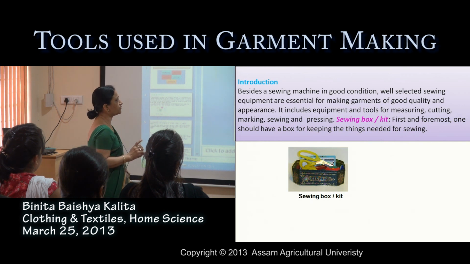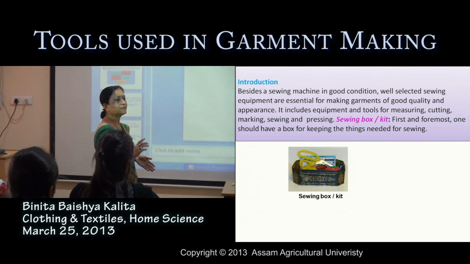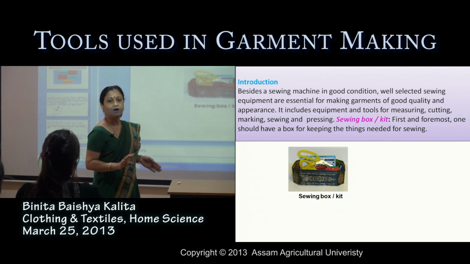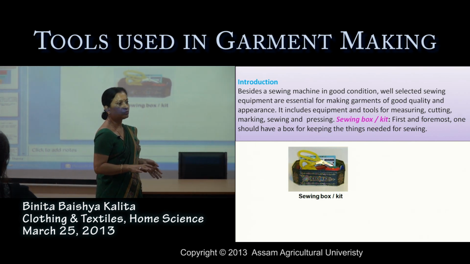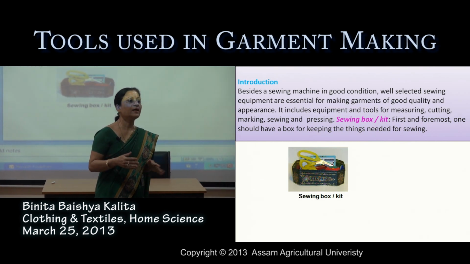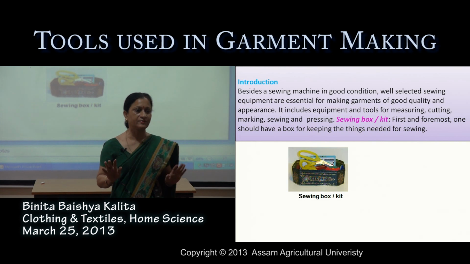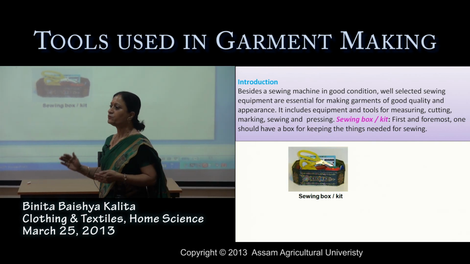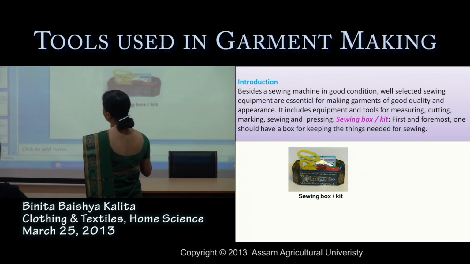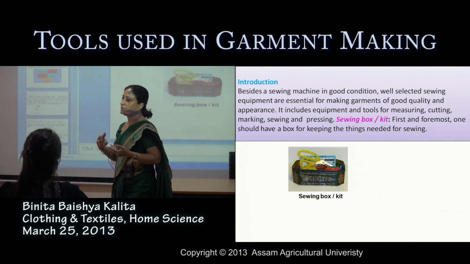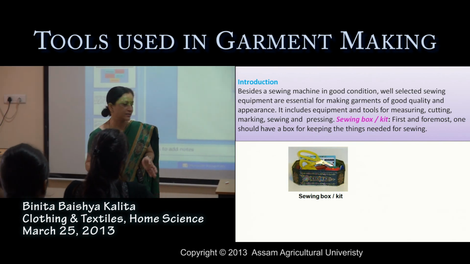First one is the measuring tool, second is the cutting tool, third is the marking tool, then sewing, and the last one is finishing. That means step by step we have to use different types of tools in garment construction.